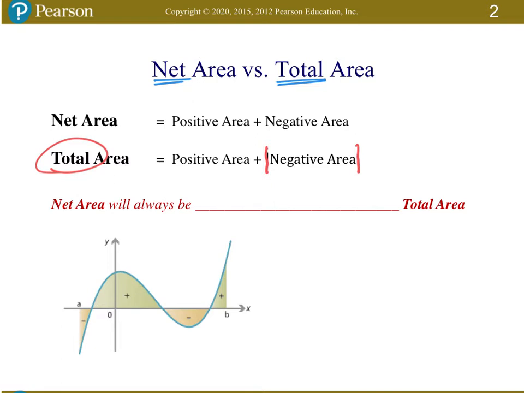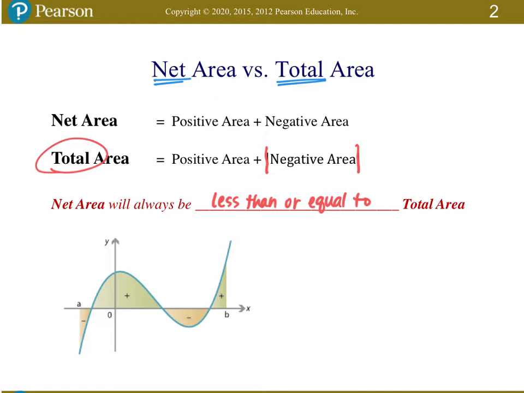So you leave the positive area alone, but you take the negative area and you make it positive with an absolute value and then add that up. So the net area will always be less than or equal to the total area. The total area is going to be the larger. Net will either be equal to or smaller than the total.